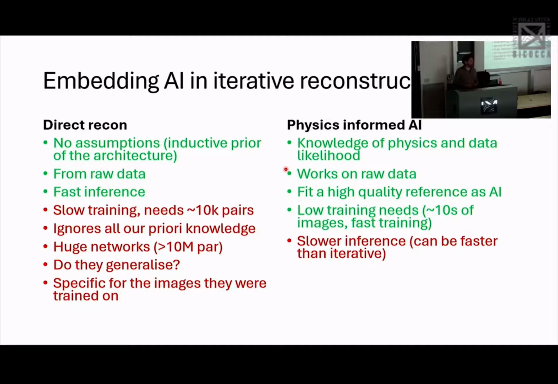It also works directly on raw data, and is able to fit the high-quality references as AI does, in the same way as artificial intelligence does. It has low training needs. You can train some networks with tens of data, tens of images. However, in inference, it's still pretty slow.